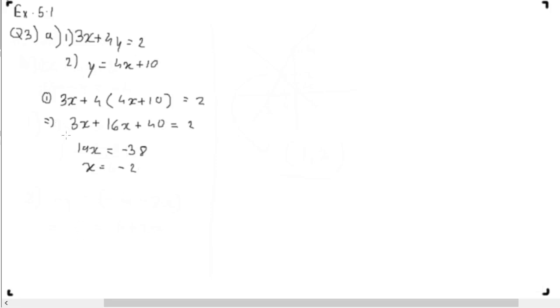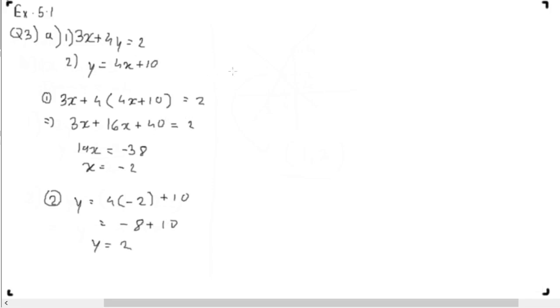Now we have x, but what about y? You may realize I could plug this back into equation 2. So y equals 4x plus 10, so y equals 4 into minus 2 plus 10. This equals minus 8 plus 10, and y is equal to 2.